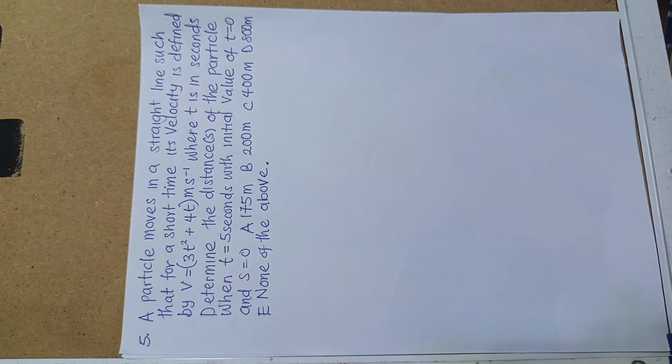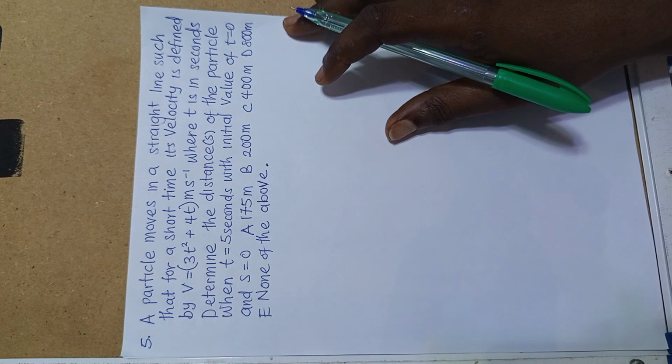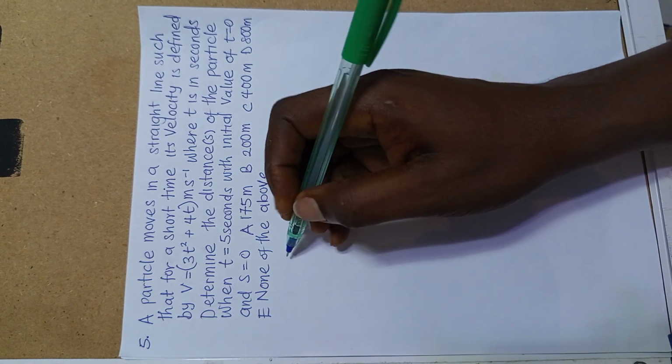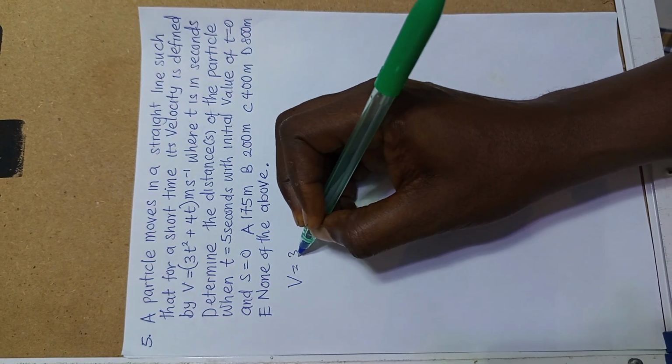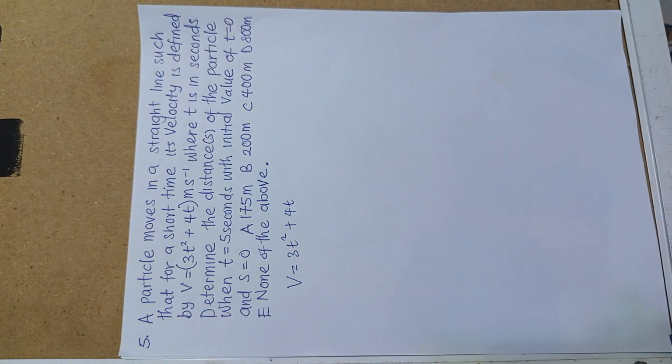Now this one says a particle moves in a straight line such that for a short time its velocity is defined as 3t squared plus 4t, where t is in seconds. Determine the distance of the particle when time equals 5 seconds.